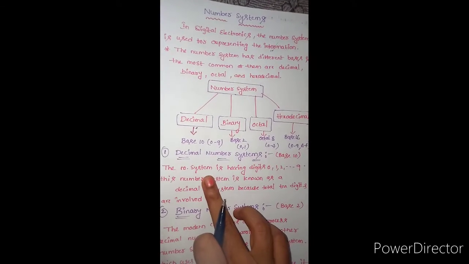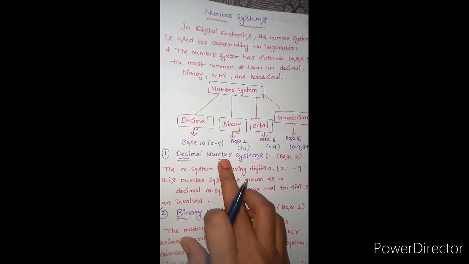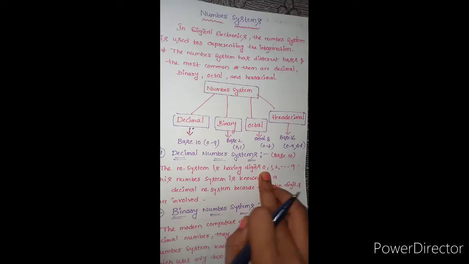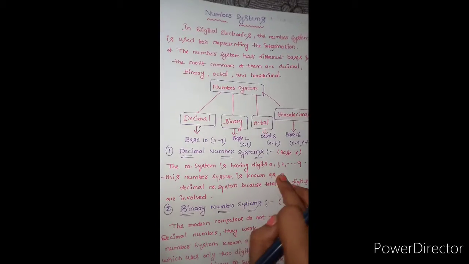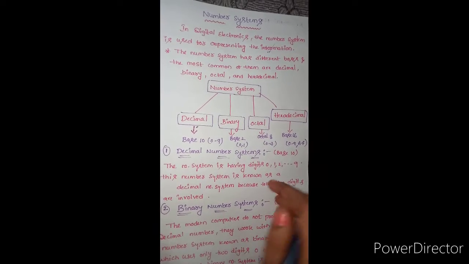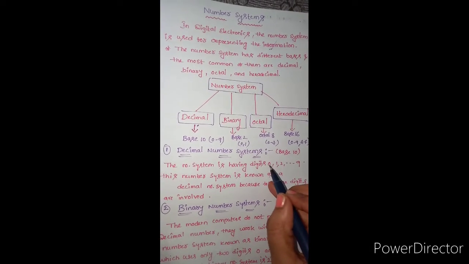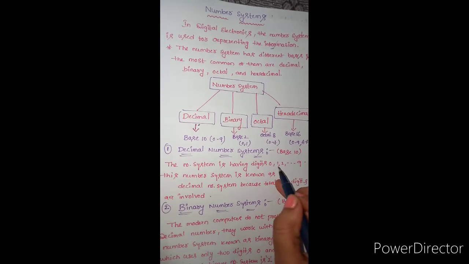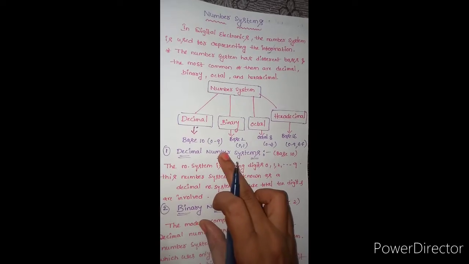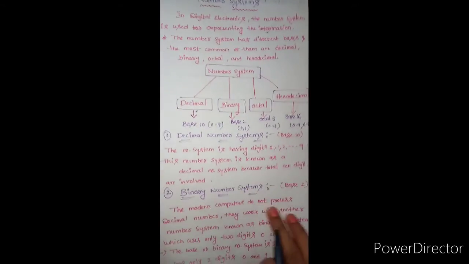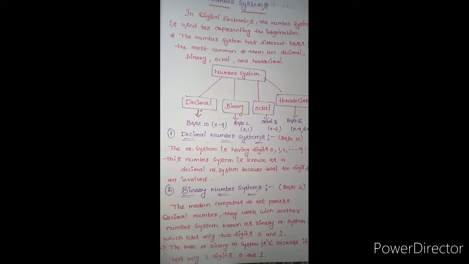The decimal number system has the digits 0, 1, 2, 3, 4, 5, 6, 7, 8, 9. This number system is known as decimal because 10 digits are involved, that means 0 to 9 including 0 also. Coming to the binary number system, modern computers do not process decimal numbers.